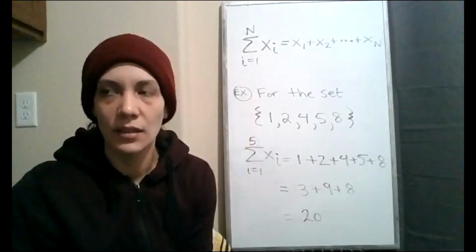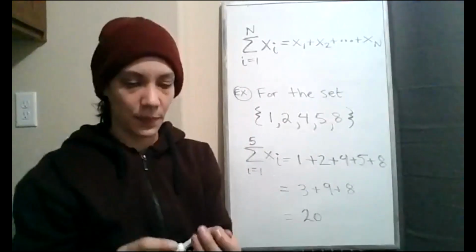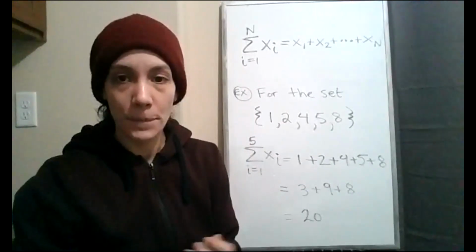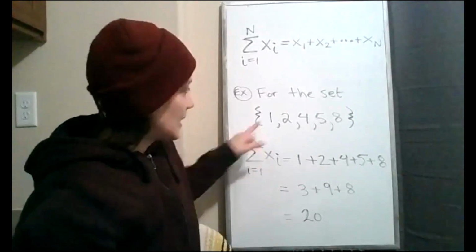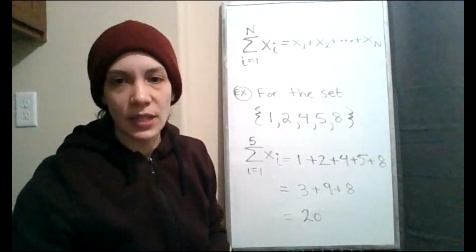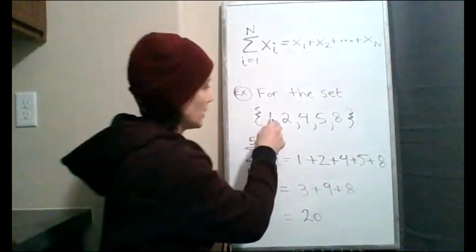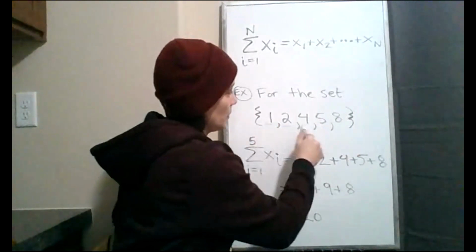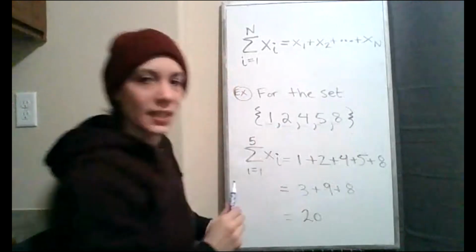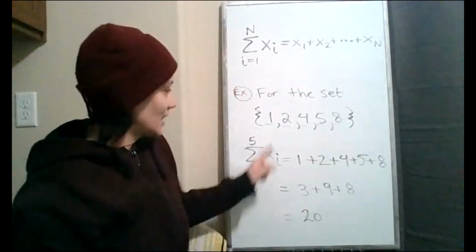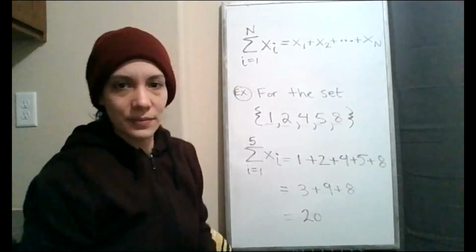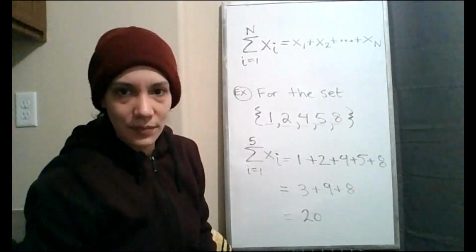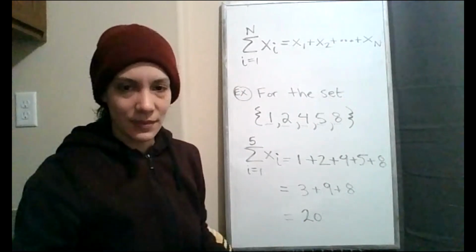Professor, how come on top of the sigma sign is 5 and not 8? It's the number of x values that you have. So it's like 1, 2. Oh, that's what n means. So n is the number of them versus x sub n, which is the final one of them.